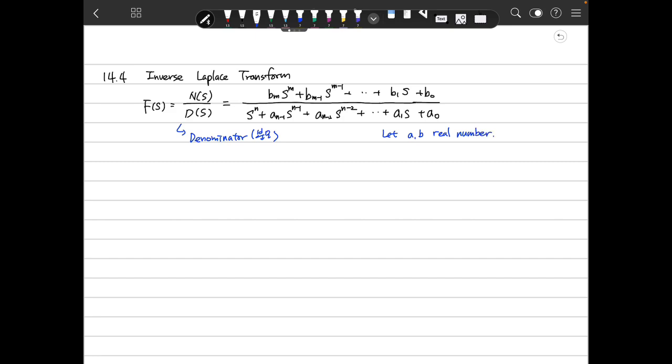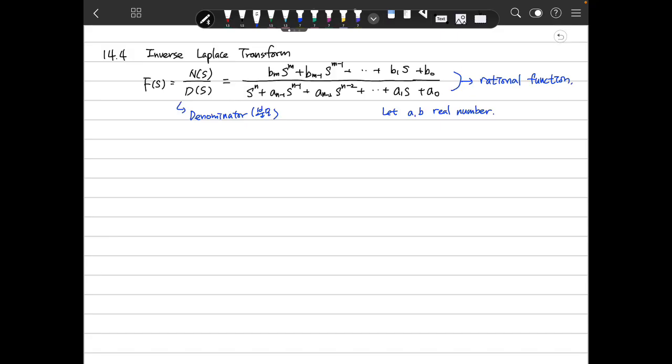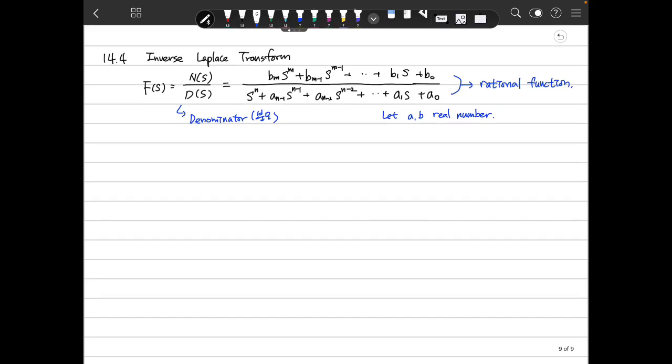That means this will be a rational function. Here we already know about the pole and zero, and the same terminology will be used here.